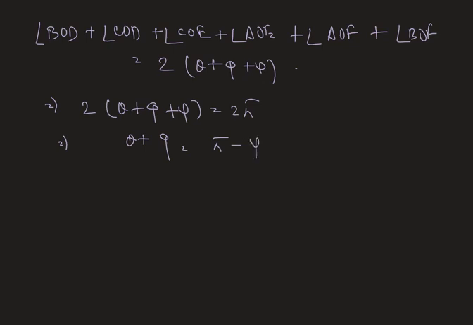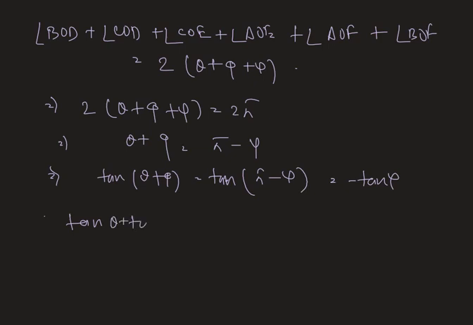Okay, and tan(theta plus phi) is equal to tan(pi minus psi), which results in minus tan psi. Now tan(theta plus phi) means (tan theta plus tan phi) divided by (1 minus tan theta tan phi), which is equal to minus tan psi.